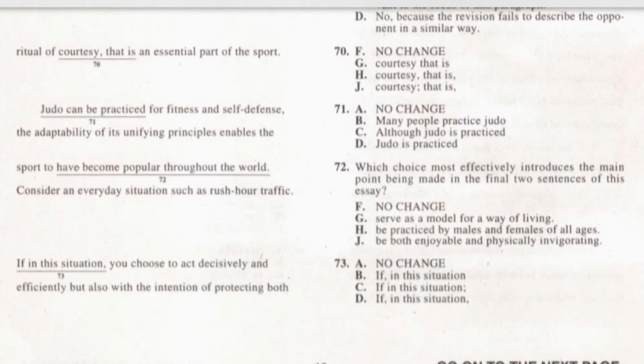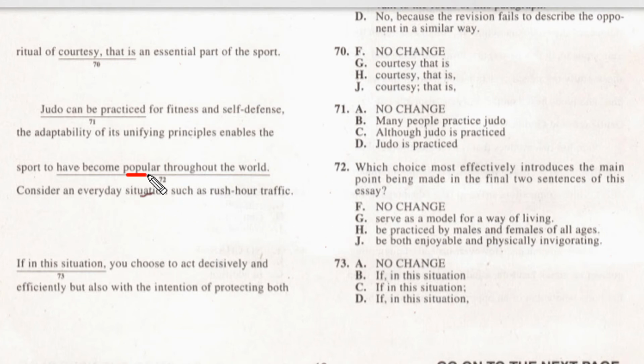Now we come back to the next paragraph topic sentence. It says judo can be practiced for fitness and self-defense. When we do that, it's probably going to be in a gentle way that's going to respect our opponents. Now, if you come back over here and look at the problem in question with a larger view of the whole essay, you see that the answer choice kind of comes out.